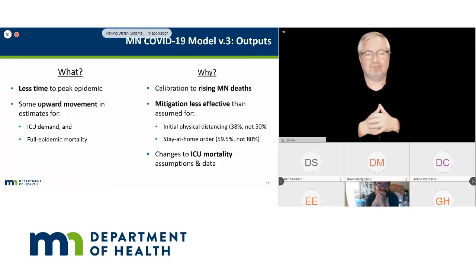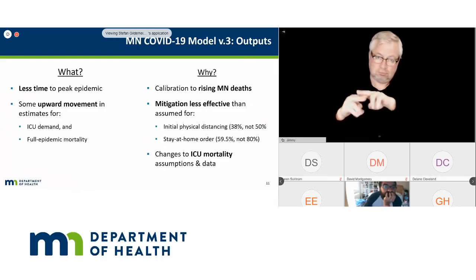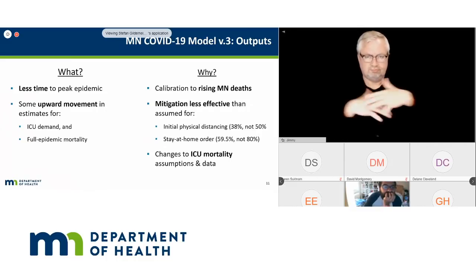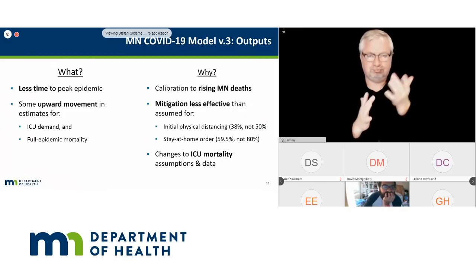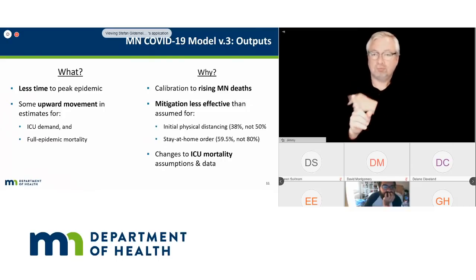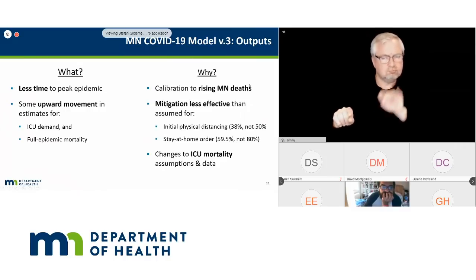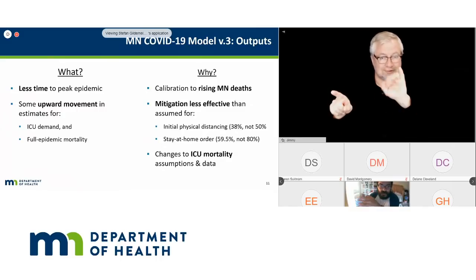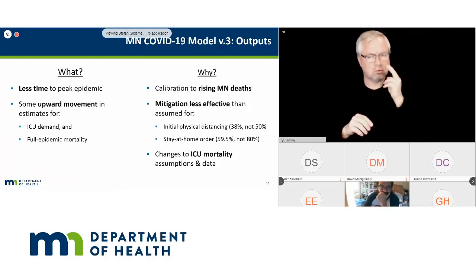Number one, as the deaths rise and as we calibrate to rising deaths, our mortality increases. Number two, as we find that there's more mixing going on in the population than we had assumed, the disease spreads farther, and the potential for individuals becoming infected and requiring hospital and ICU care increases, and therefore mortality increases. And thirdly, as the US data shows us, ICU mortality appears to be increasing relative to our early estimate.